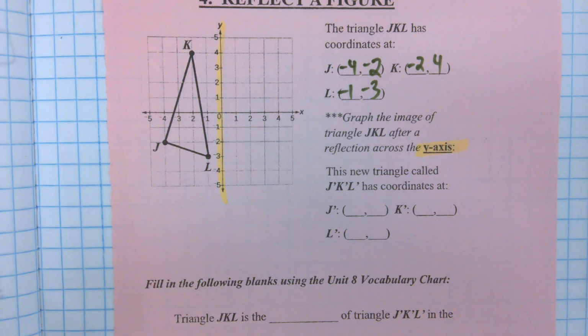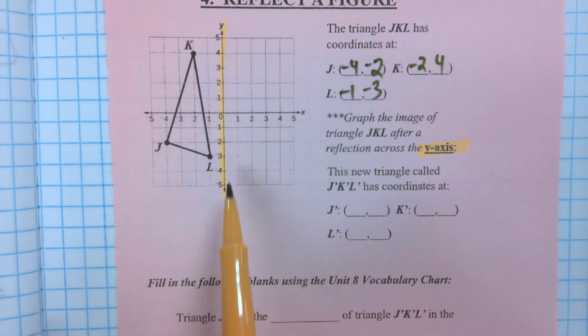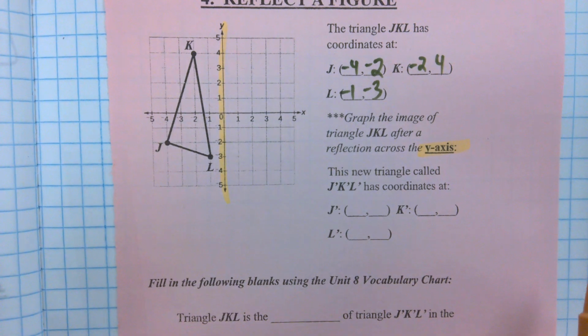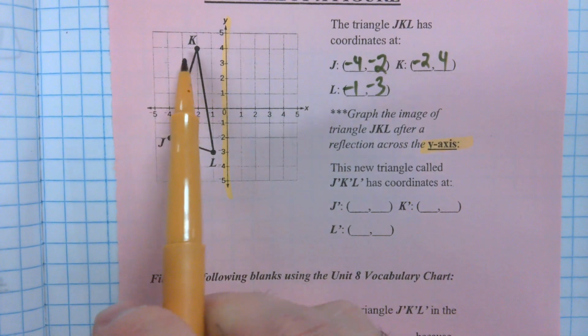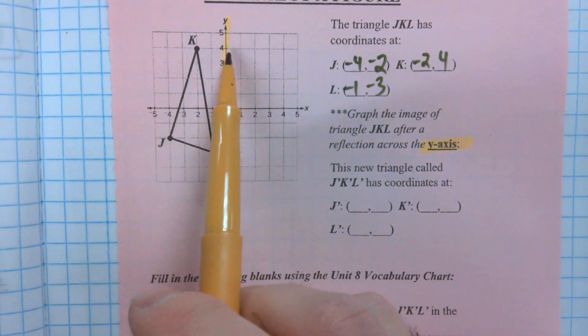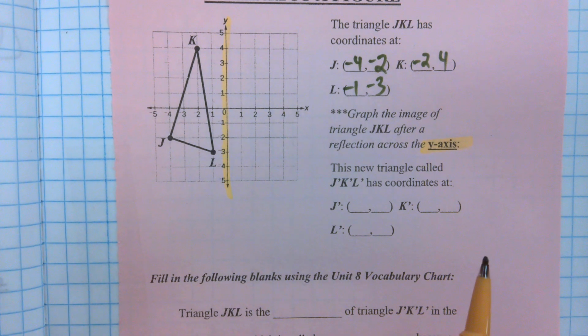Let's just start up at the top with K. If I'm here at K, there's my line of reflection. What direction do I want to start counting? If I'm starting here, I want to get to right here. What direction am I going to go? To the right.